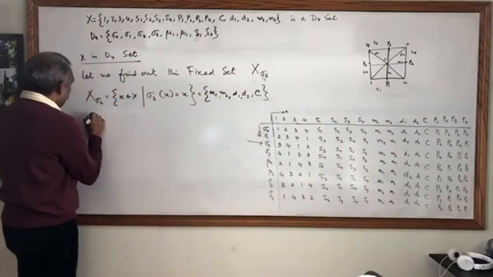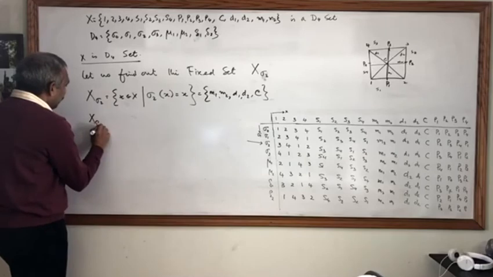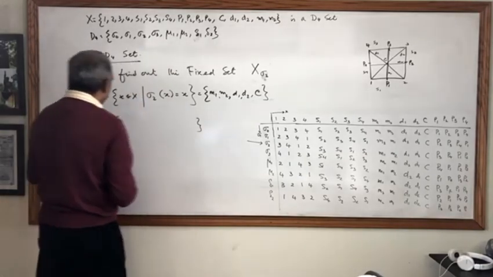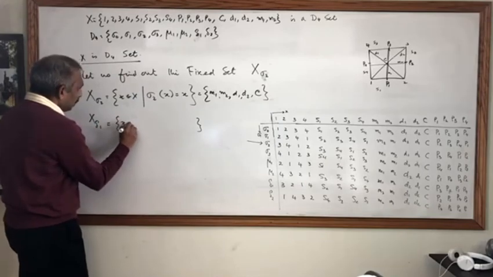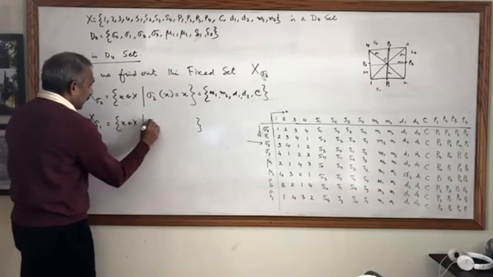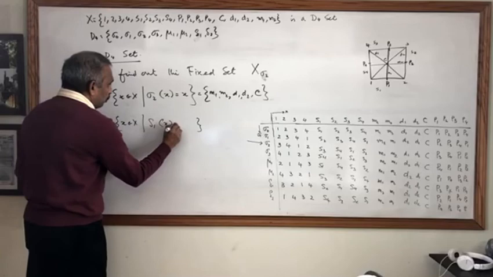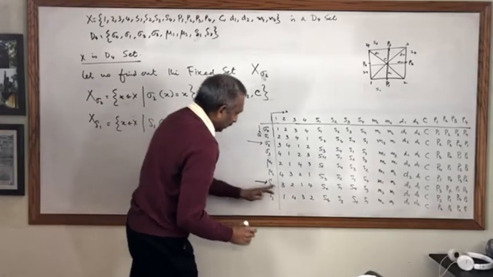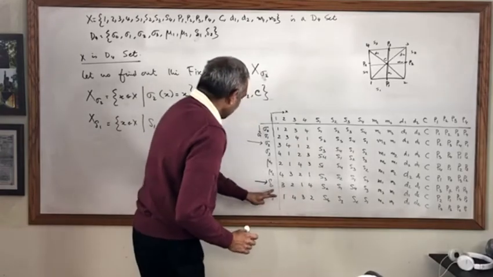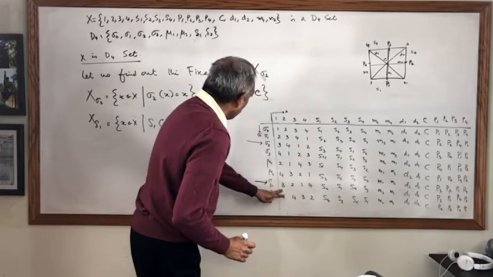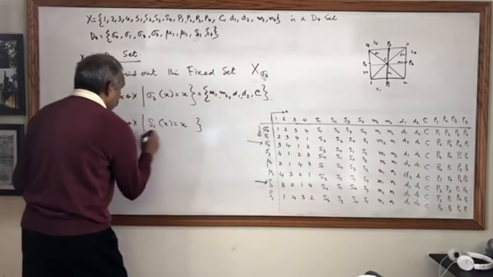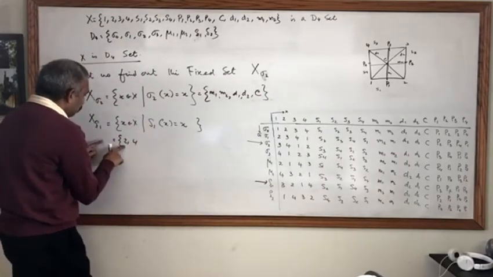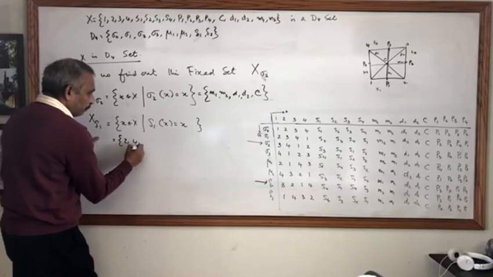We will take another one. X of delta 1: the elements x belonging to X such that delta 1 of x should be equal to x. This is actually delta 1. You have 2 and 4. Delta 1 of 2 is 2. Delta 1 of 4 is 4.